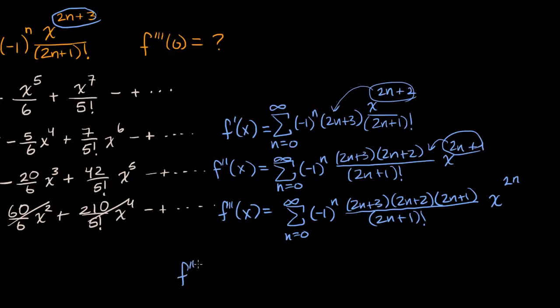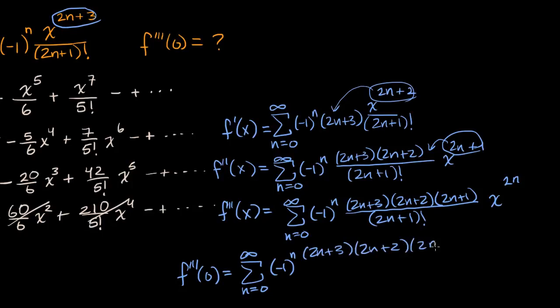So f prime prime prime of 0 is going to be the sum from n equals 0 to infinity of negative 1 to the nth power. Now this is going to be interesting. We're going to have all this business, 2n plus 3 times 2n plus 2 times 2n plus 1, all of that over 2n plus 1 factorial times 0 to the 2n power.